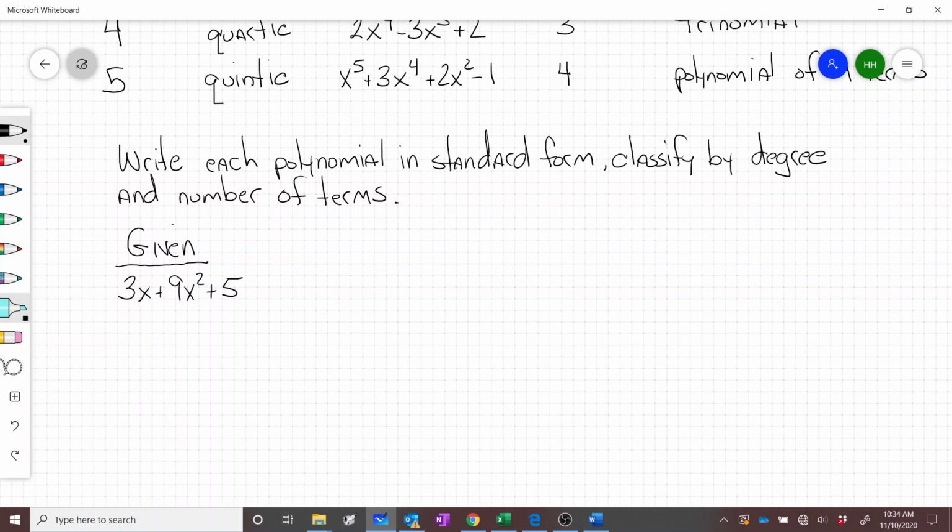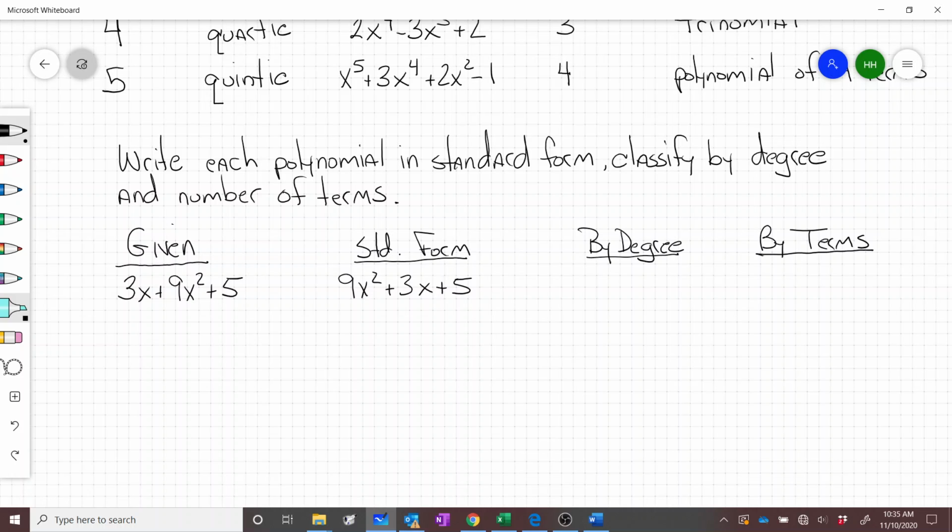We need it in standard form, and then we need to classify it by degree and by terms. So we rewrite it with the exponents in descending order. So in standard form, this is 9x squared plus 3x plus 5.